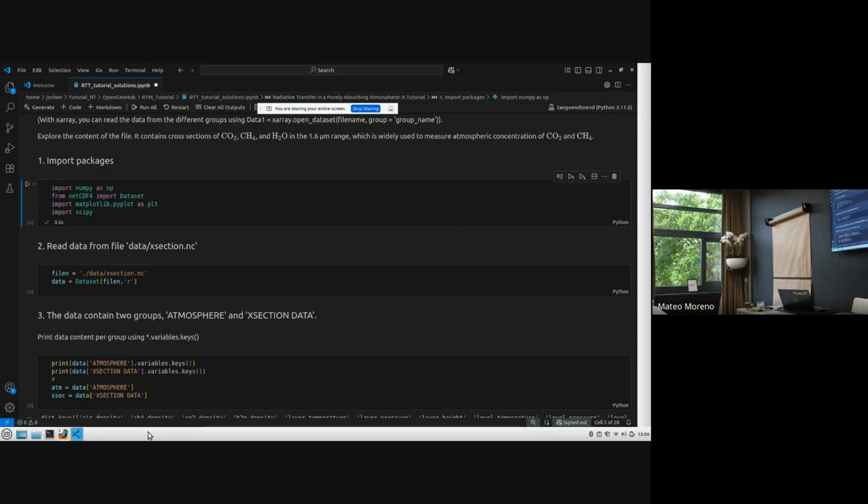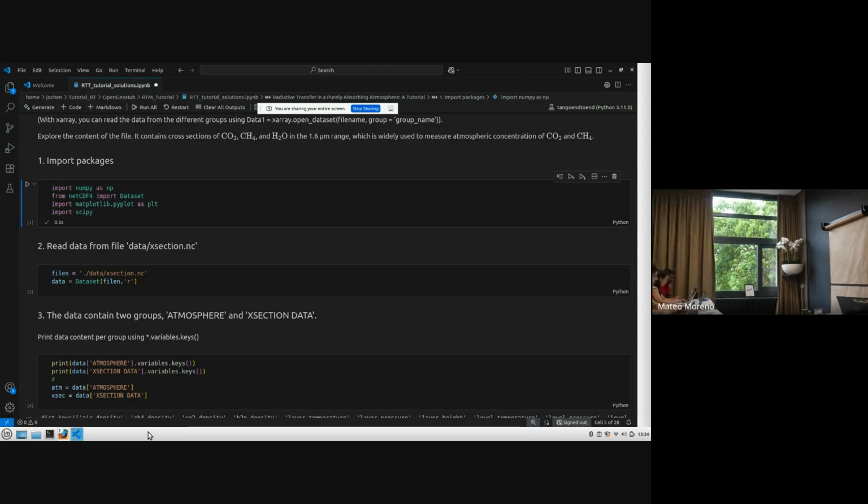If I click on the link, then you need a password. Click on the second link. The password is just tutorial, with the D in caps, and that's it.